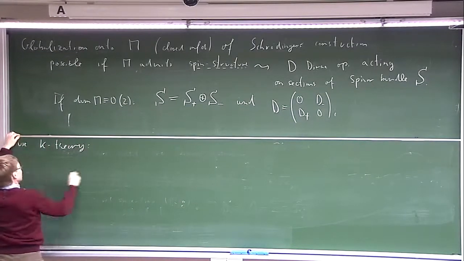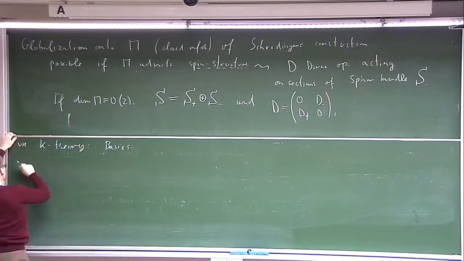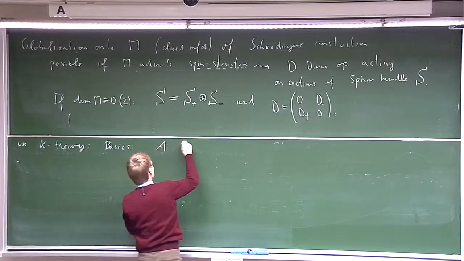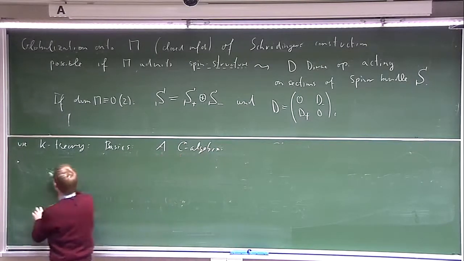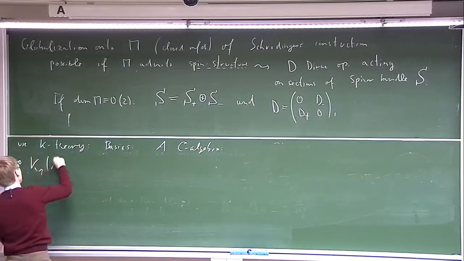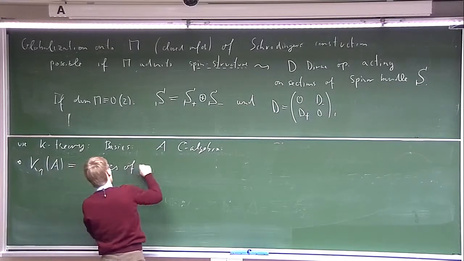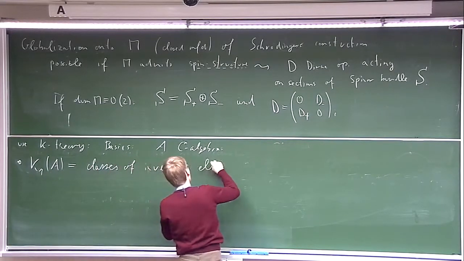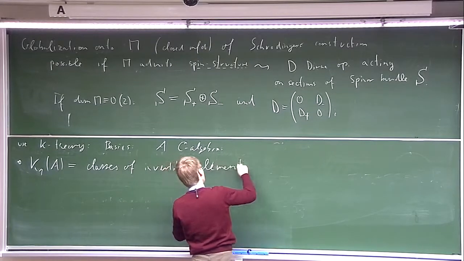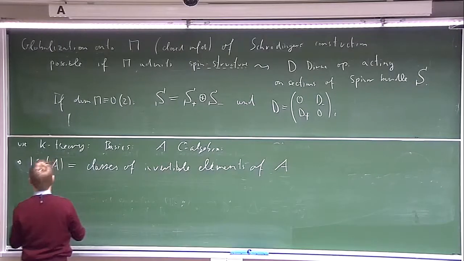And the basics are: if A is a C-star algebra, we have something called K1 of A, which is just classes of invertible elements of A. In this situation, that's a correct statement.